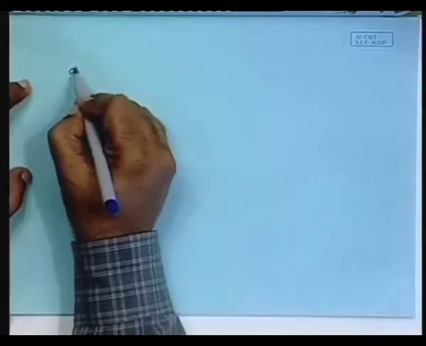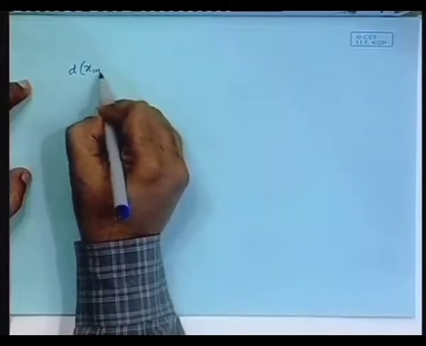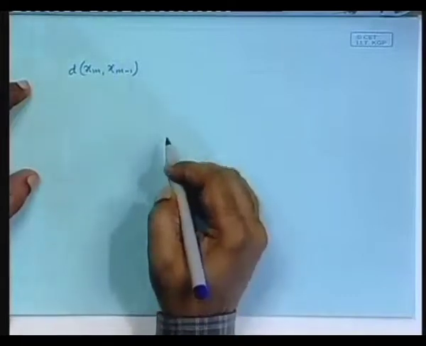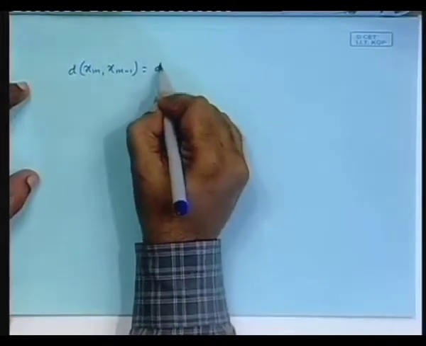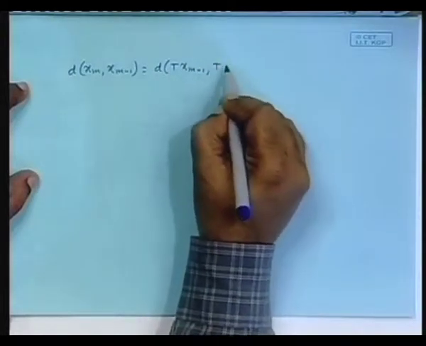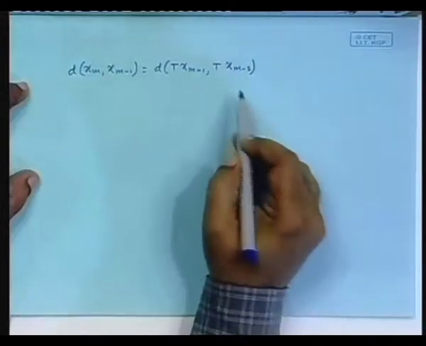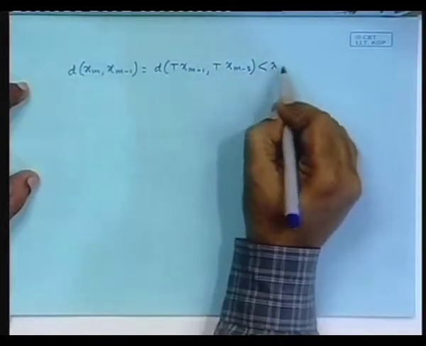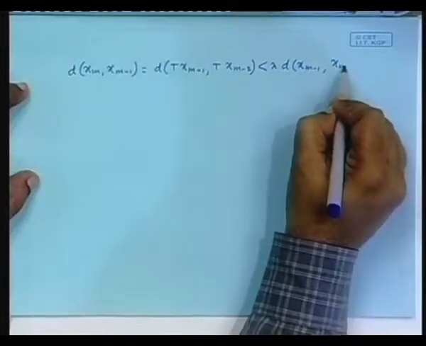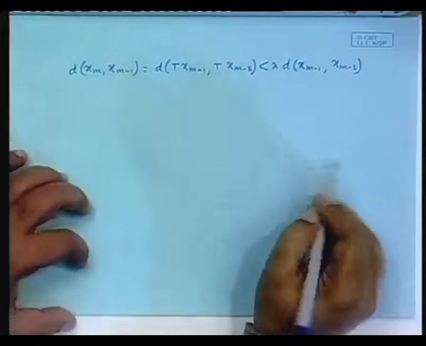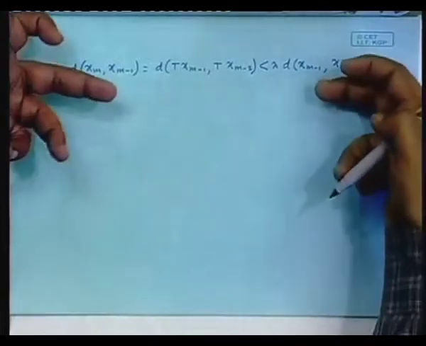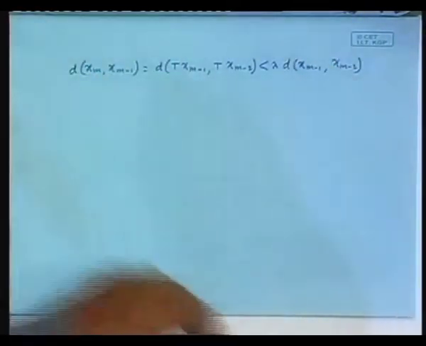Now, notice that the distance between x m and x m minus 1, one step, is equal to the distance between t x m minus 1 and t x m minus 2, which is less than lambda times the distance between x m minus 1 and x m minus 2. So, this way we are just going one step back. All these are just applications of this step in various phases.